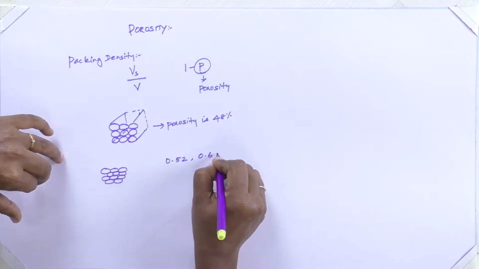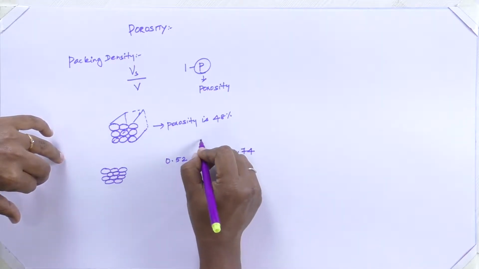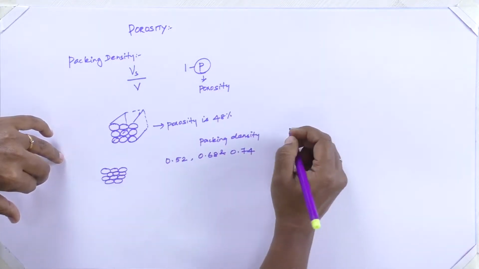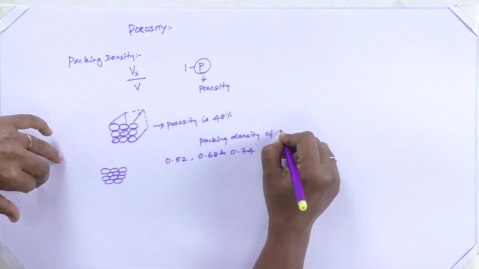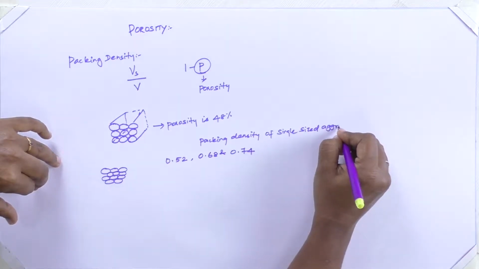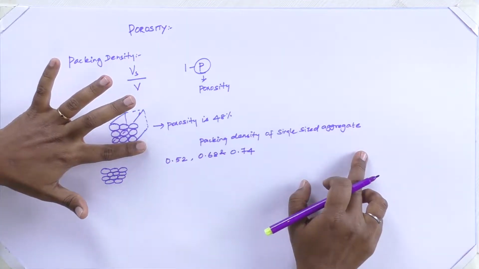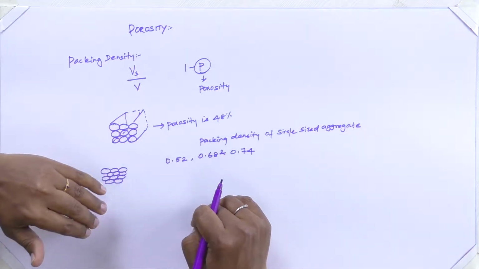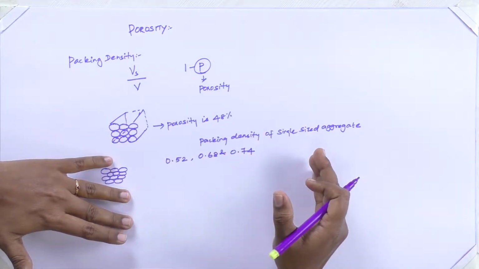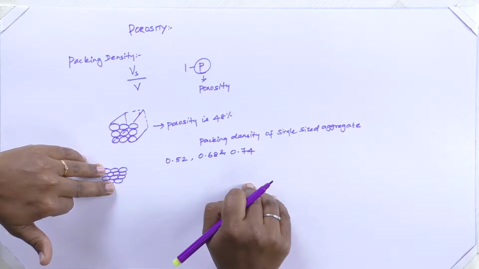The packing density of single sized aggregates, based on its packing conditions like simple cubic, face centered cube or body centered cube, will vary from 0.52 to 0.74.